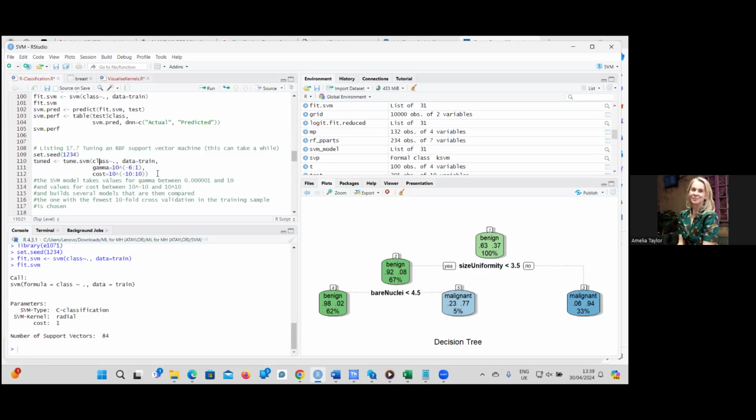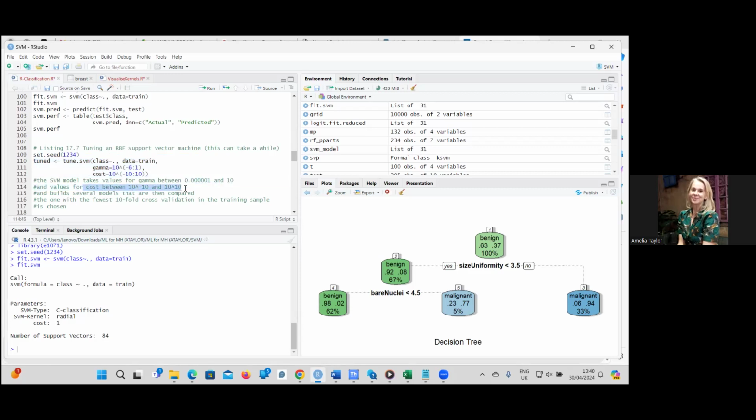So what this formula is doing now is basically picking values for gamma in the range that is given there, so 10 to the power minus 6 up to 10. The same for the cost.